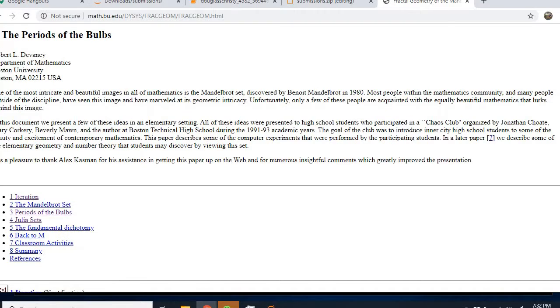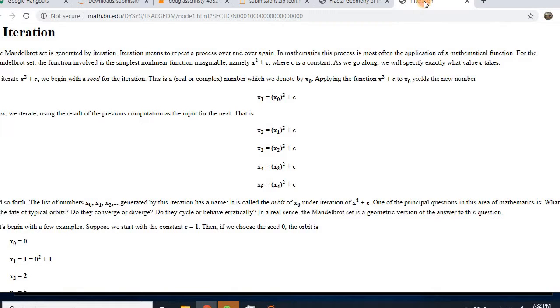All right. So I said that we look at pages 1 through 4. I'll open these in new tabs so we can look at them one by one. The first one just basically talks about what you're doing. Now, one thing that was interesting here that I didn't mention in the original definition of the Mandelbrot set is, I started with C, and then we took f of C, f of f of C, f of f of f of C. But actually you can start with 0, because if you start with 0, then the first one goes to C. So really you can think of every sequence starting with 0.